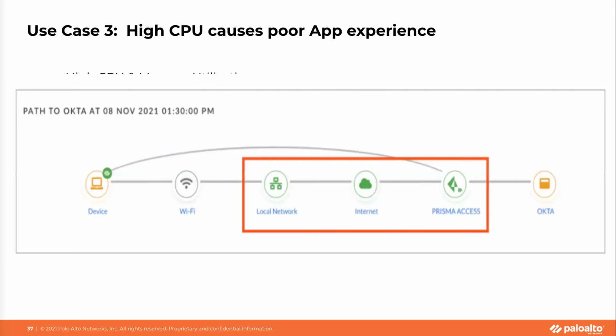This path to the particular application, this dashboard also clearly indicates that the WAN path and the overlay health all look good, and it's only the PC that is suffering, which is causing application performance issues.